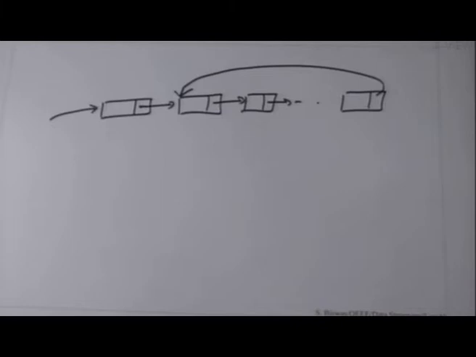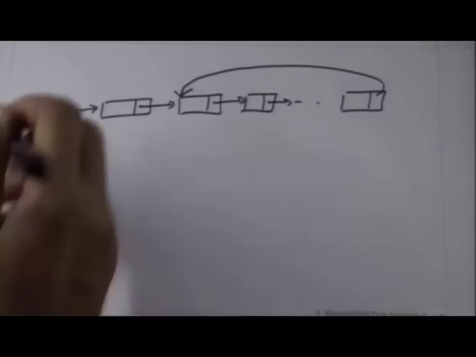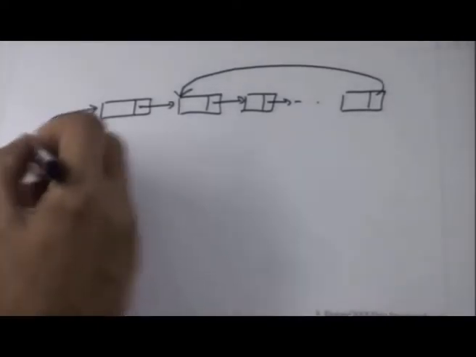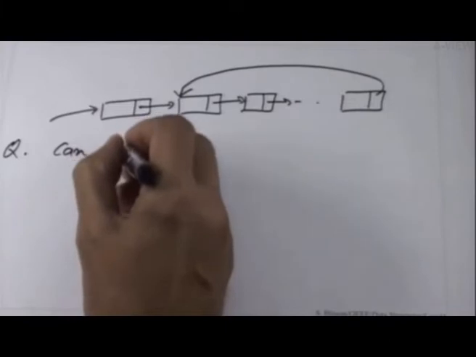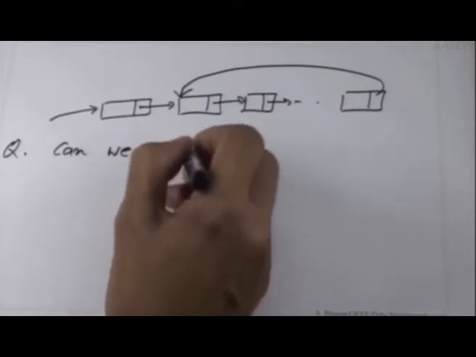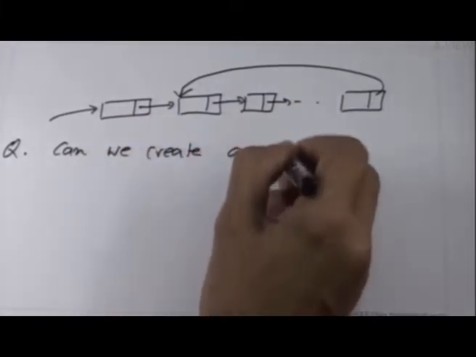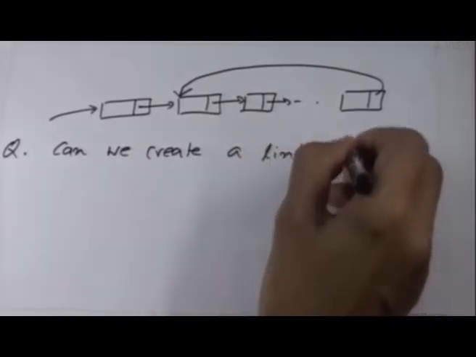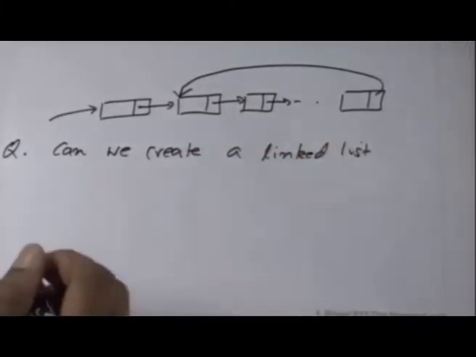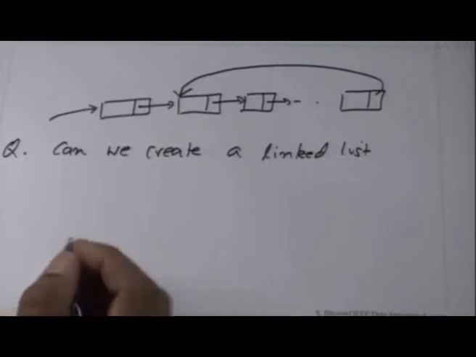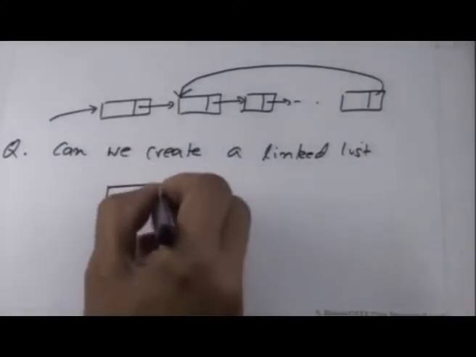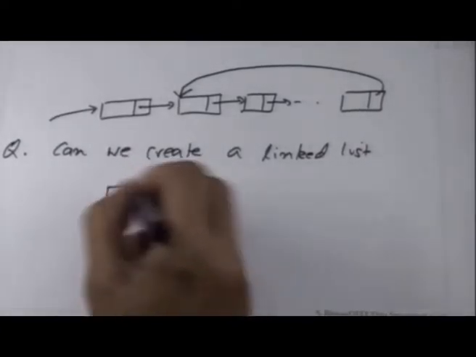Okay, let's see the next question. Can we create a linked list with variable number of values in each node? So the next question is, can we create a linked list? And I'll interpret his question to mean a diagram like this, where a node has one value.